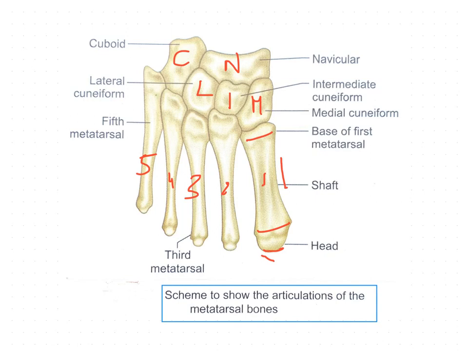The first metatarsal bone has a large kidney-shaped facet on the proximal surface of its base, and this articulates with the medial cuneiform. Now the base of the second metatarsal articulates proximally with the intermediate cuneiform bone.